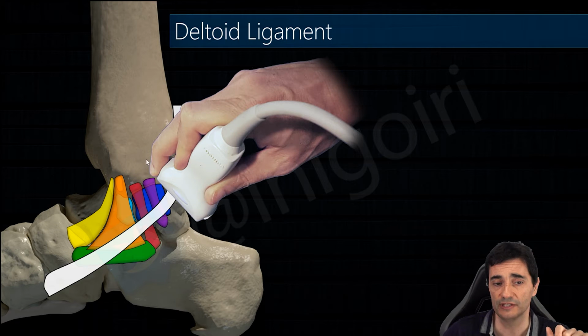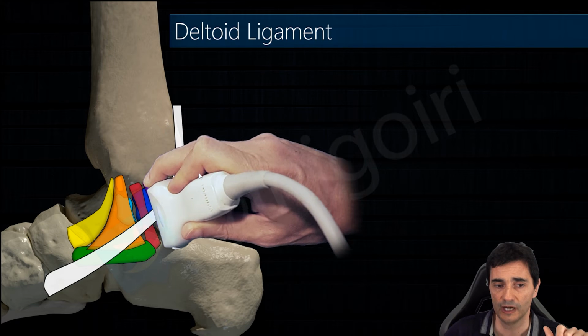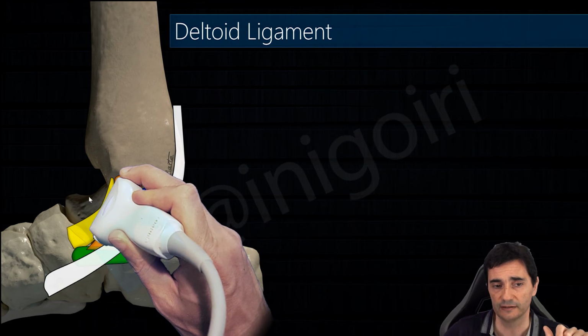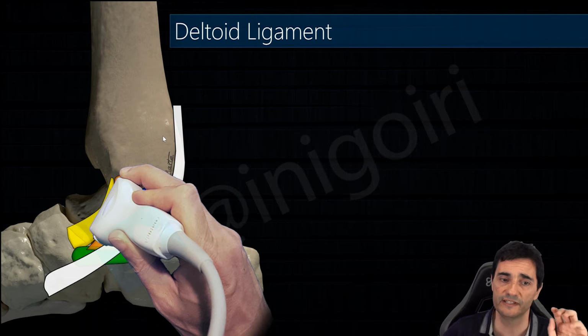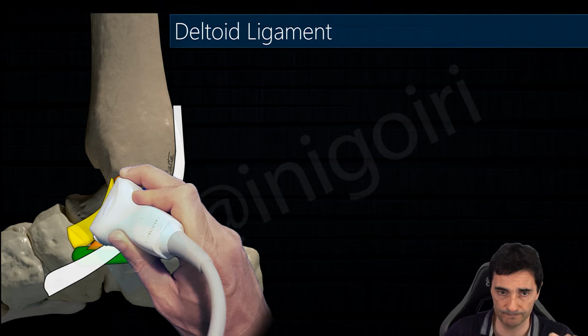We will start in this posterior colliculus of the tibia, and with this orientation, we will go anteriorly, twisting the probe, rotating the probe, till we finish on the anterior component, the tibionavicular component, with this orientation. It's very important, this orientation of the probe, to have a good view of the ligaments.